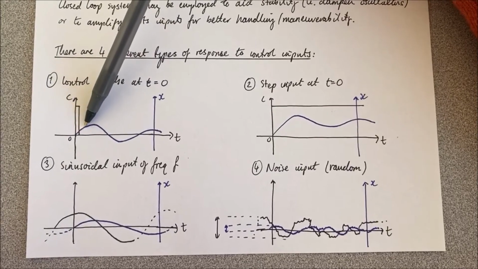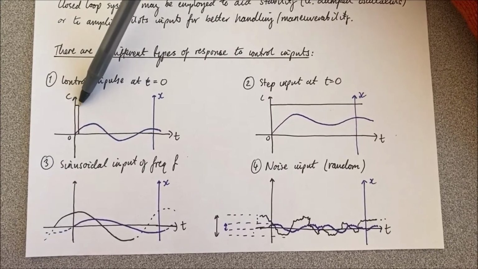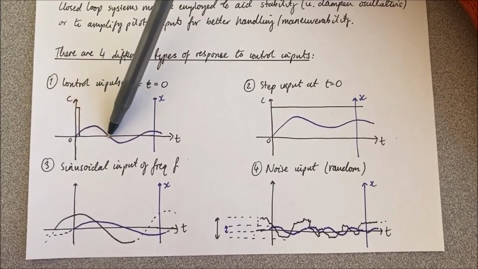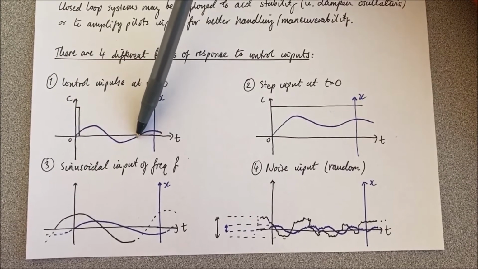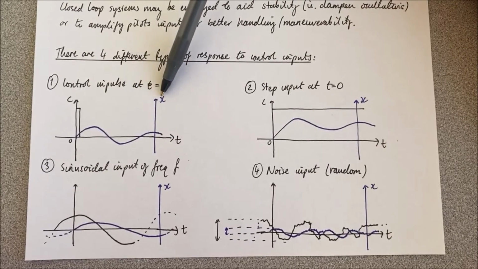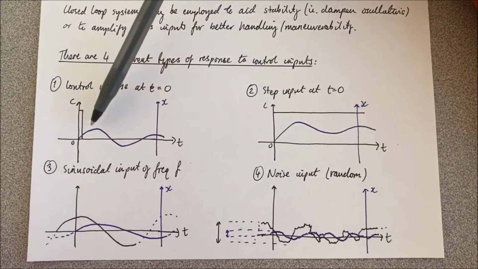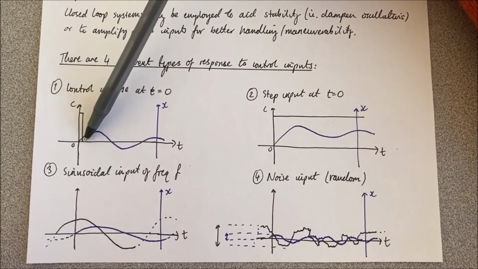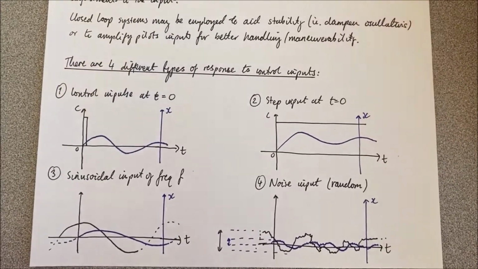You can see we have this disturbance caused by the impulse of the control surface, and then in this particular case I've drawn the reaction or the output X to be stable, and that wants to regain that original trim condition where the control input is back at 0.